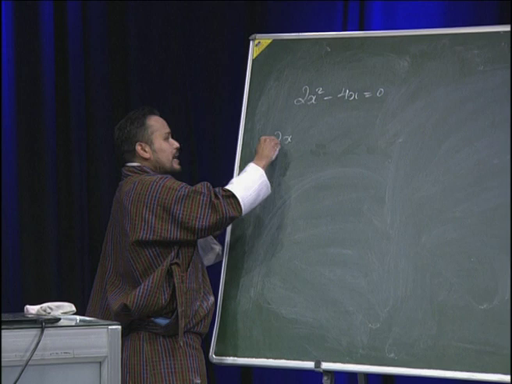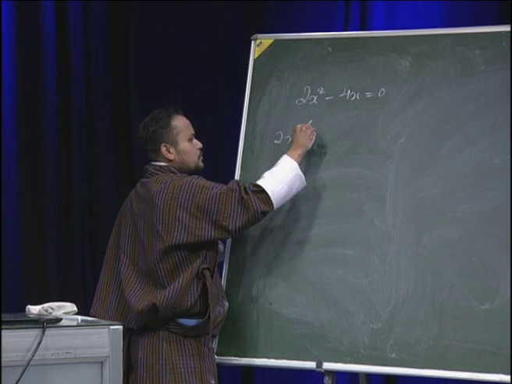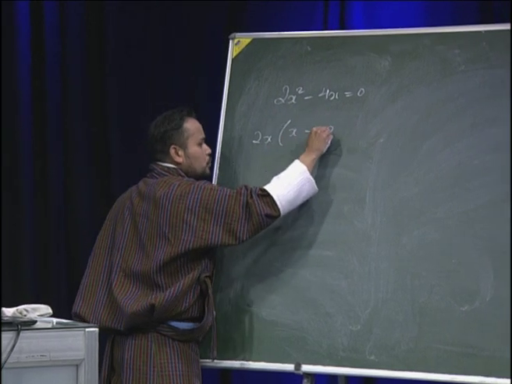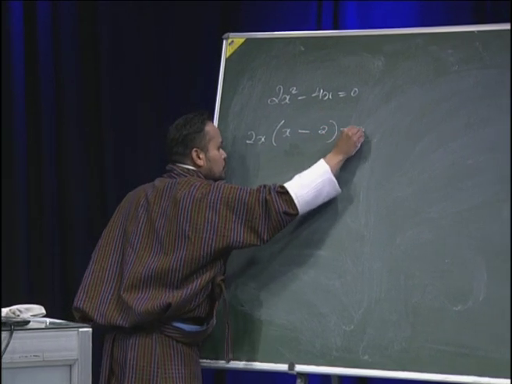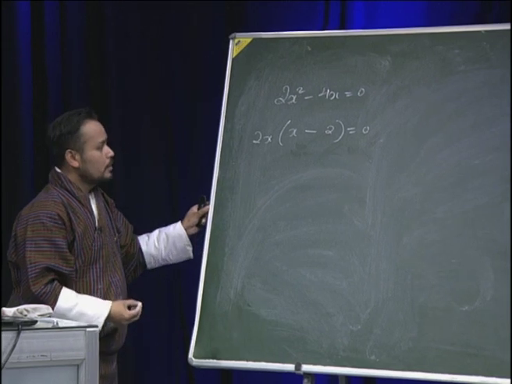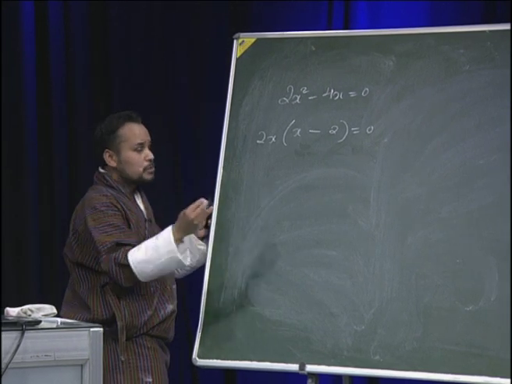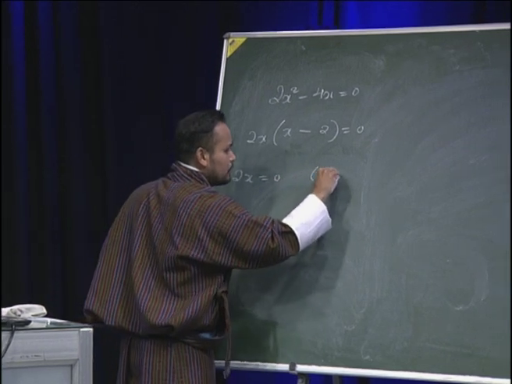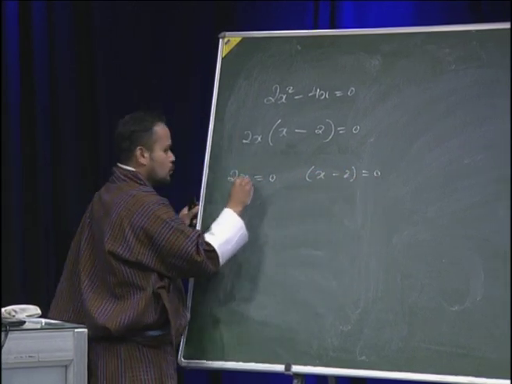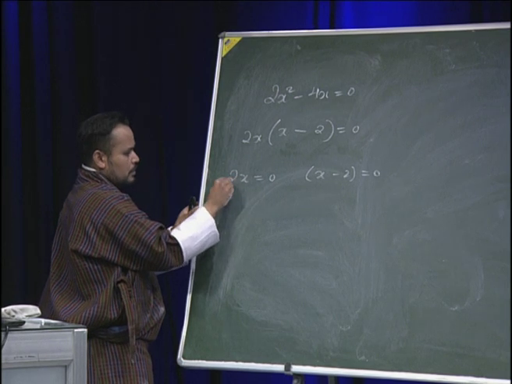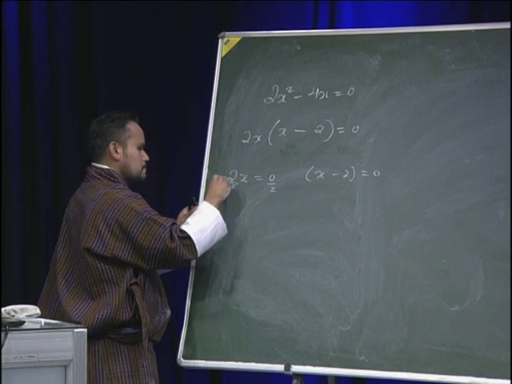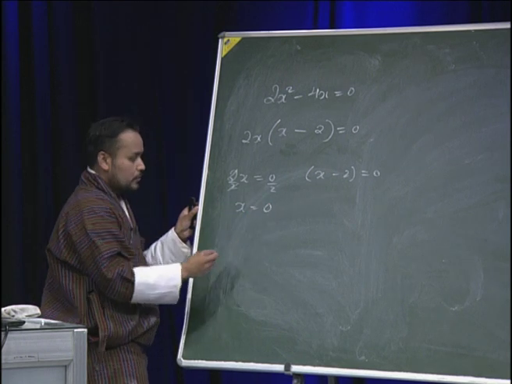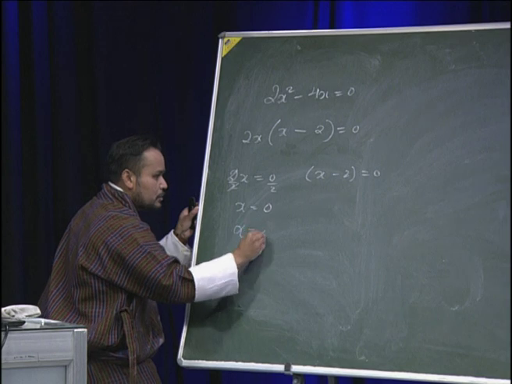When you take 2x common from the first term, x will be remaining. In the second term, 2 times 2 is 4, therefore 2. So, the whole will be equal to 0. So, I got two factors. Therefore, to find the roots, the first factor will be equal to 0 and the second factor will be equal to 0. To solve this, divide by 2 on both sides, x will be equal to 0 over 2, which is 0. So, I got the first root, that is alpha will be equal to 0.